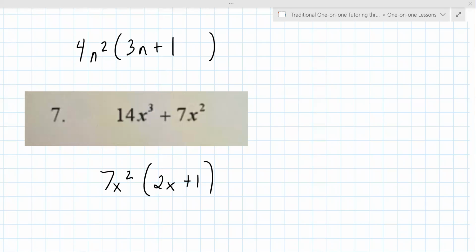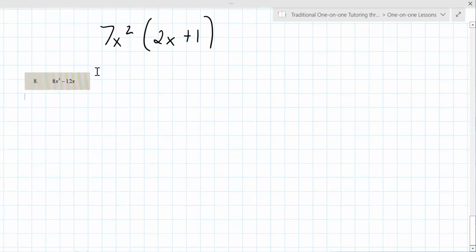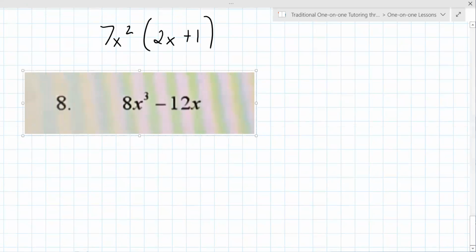8 is really similar, so have you try that. Take your time, no rush here.